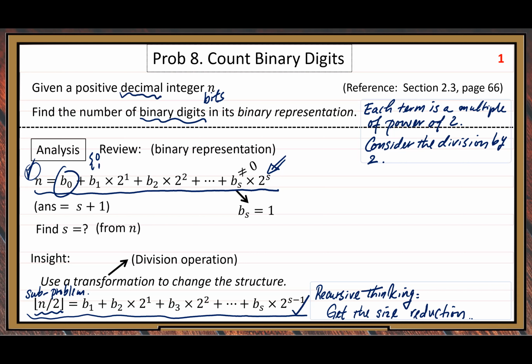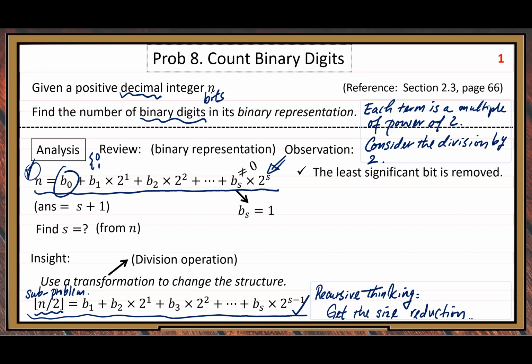In this recursive thinking, the critical step is to discover an appropriate recurrence relation. Before we can write it out clearly, let us do some observation.